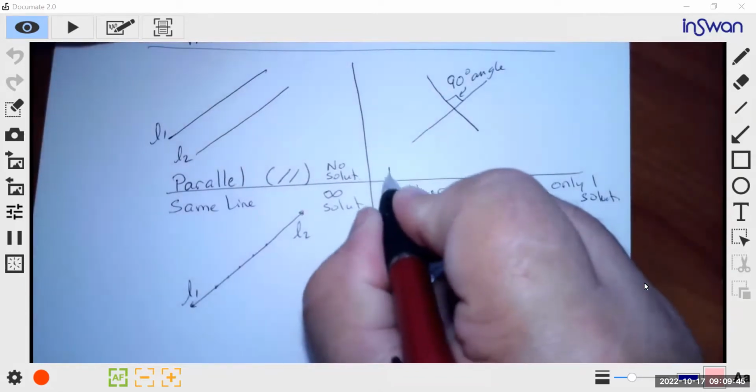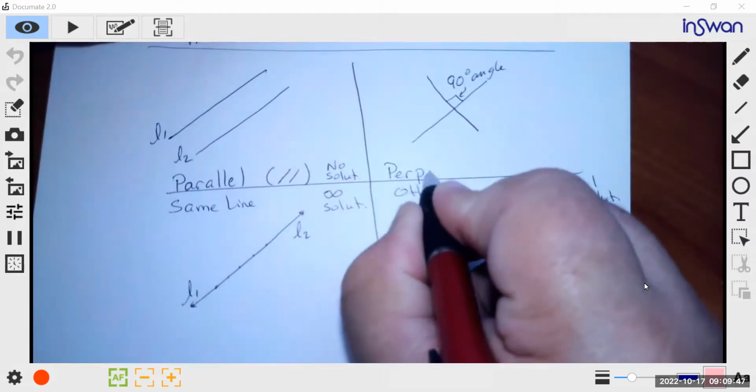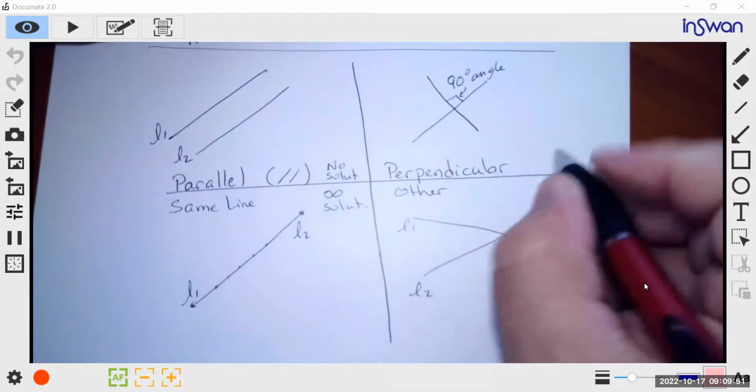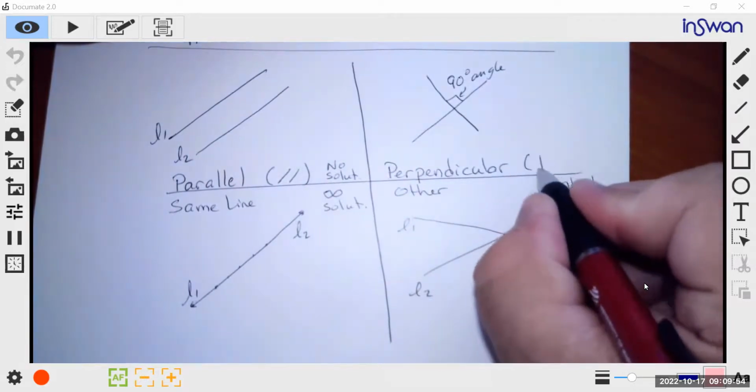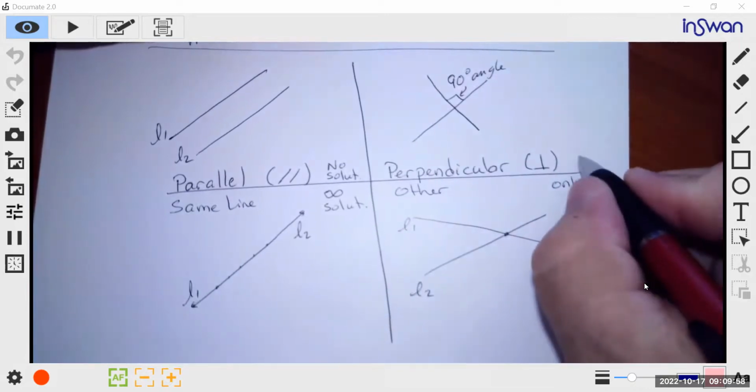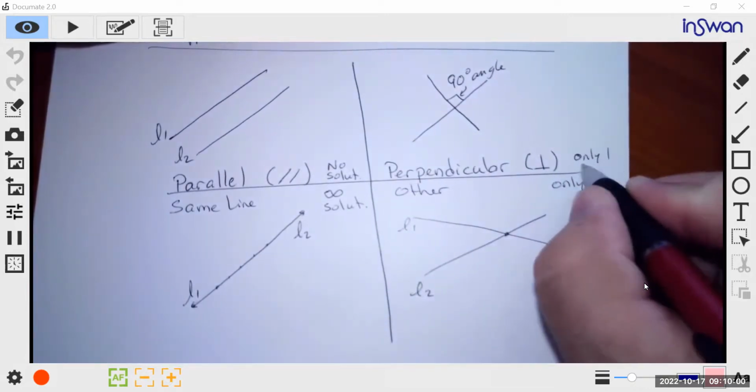When that happens, those are called perpendicular lines. And the symbol for that is an upside down T. And yet you only have one solution.